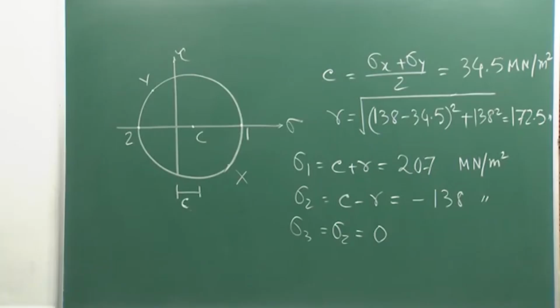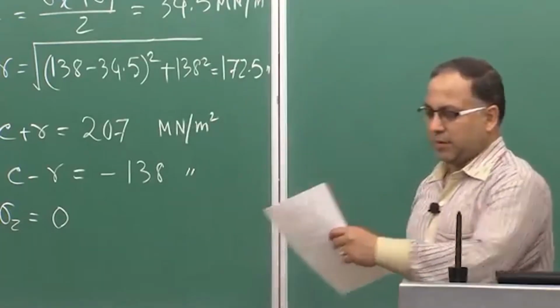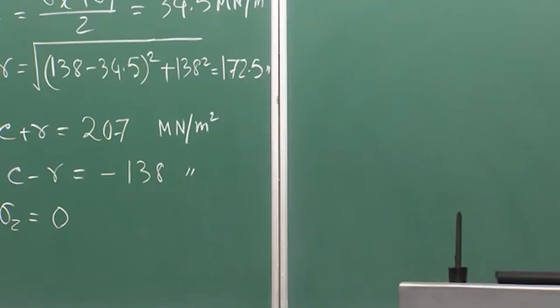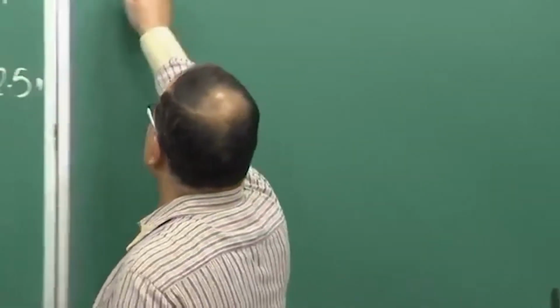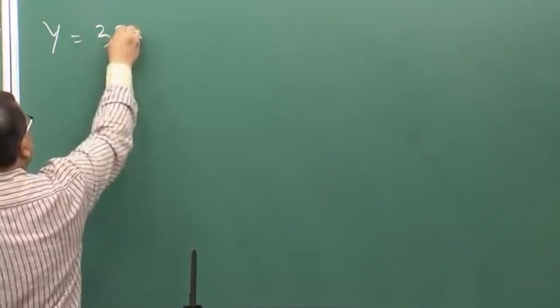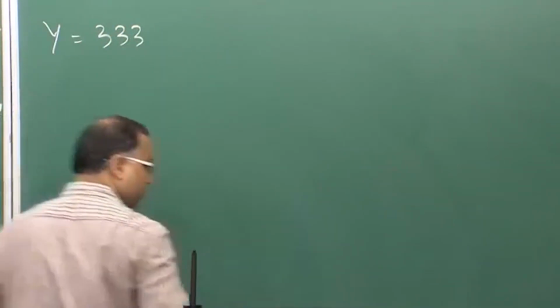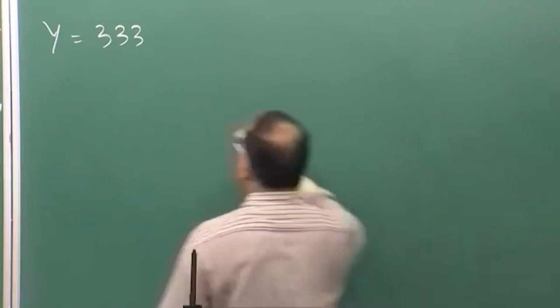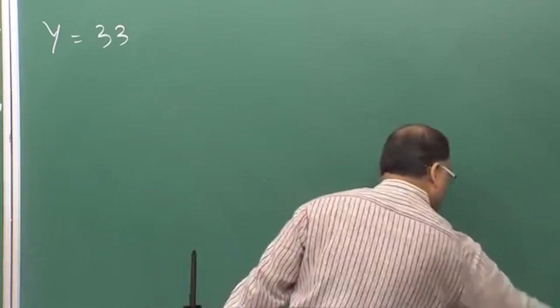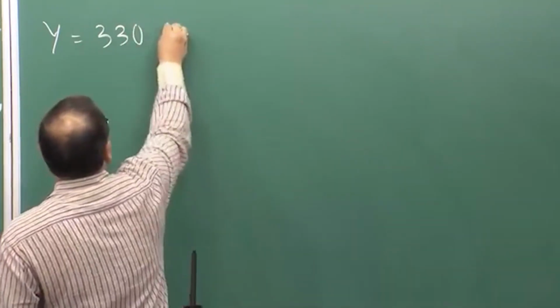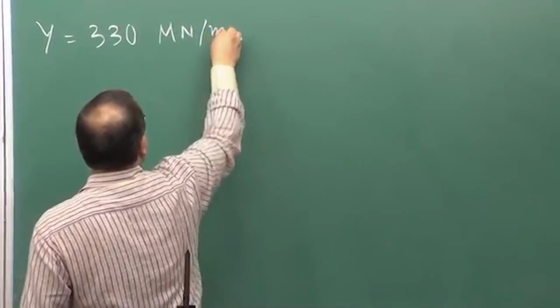Now you can apply the criteria. First we will apply the Mises criterion. In the problem, sigma y is equal to 330 meganewton per meter square.